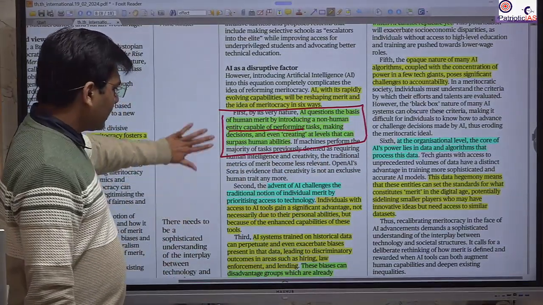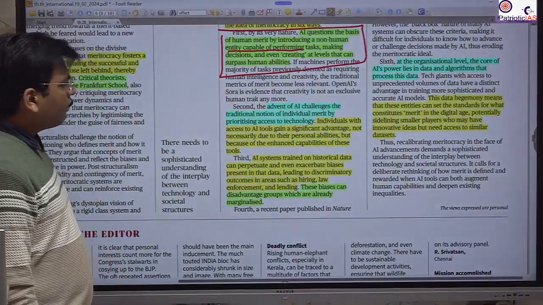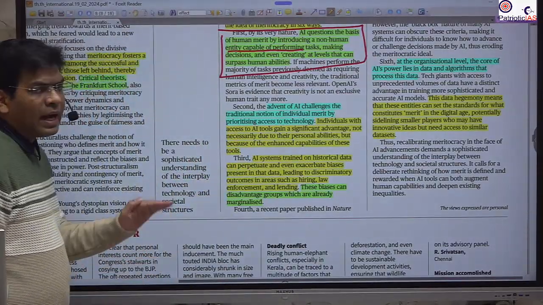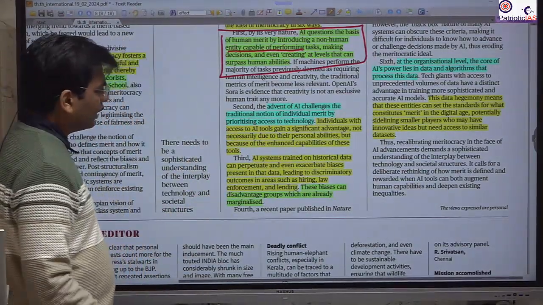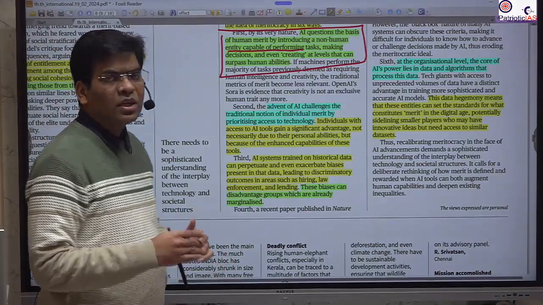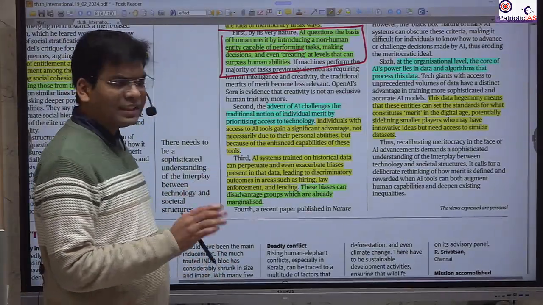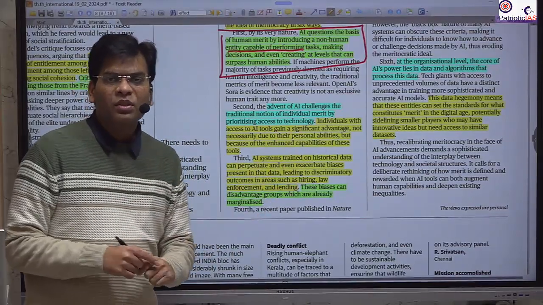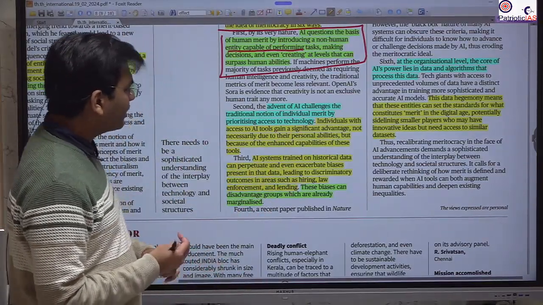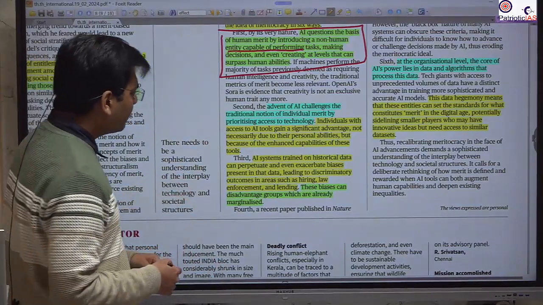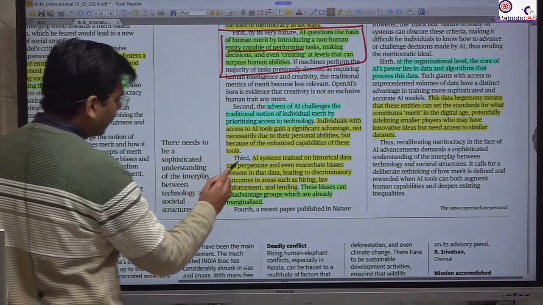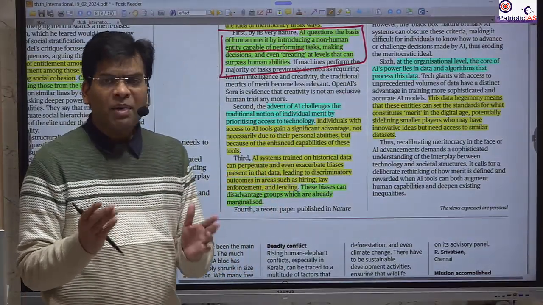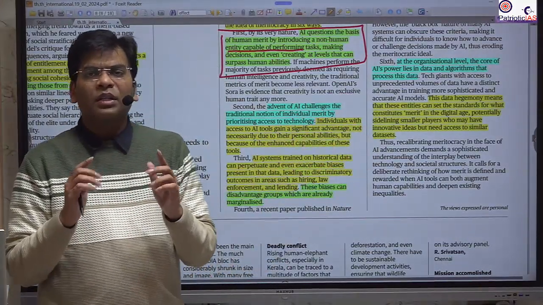Second, the advent of AI challenges the traditional notion of individual merit by prioritizing access to technology. Whoever has access is more meritorious now, and it is not your study, degrees or skill, but access to AI. Third, AI systems trained on historical data can perpetuate and even exacerbate biases.